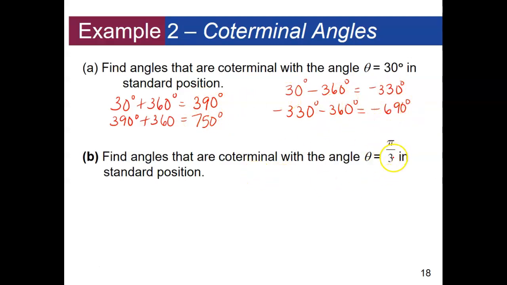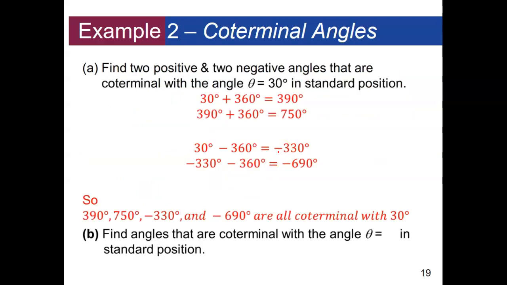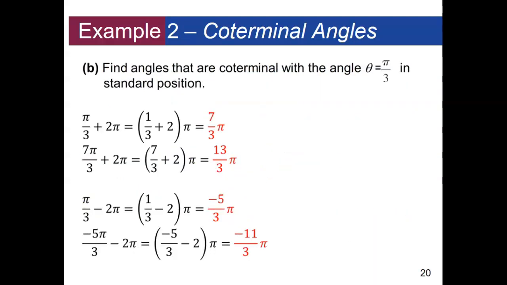Same thing with the pi over 3, except instead of adding 360, we're going to add and subtract 2 pi to our answers. If I take pi over 3 and add 2 pi to it, what I would suggest is to do this on your calculator unless you're really good with fractions.